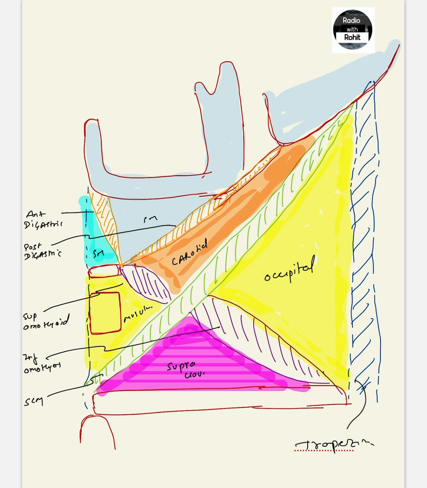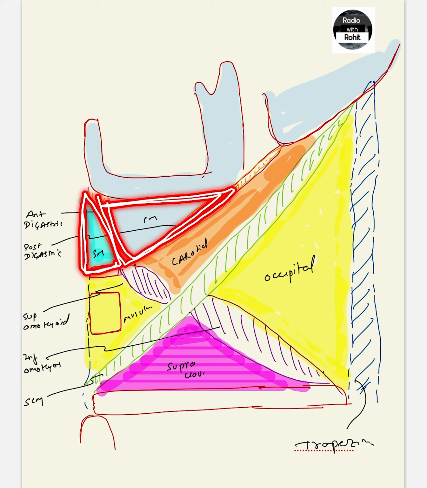So once more we will revise the triangles of the neck. The anterior imaginary line, hyoid, and anterior belly of the digastric form the submental triangle. The anterior belly of the digastric, posterior belly of the digastric, and the ramus of the mandible form the submandibular triangle. The imaginary line, inferior part of the sternocleidomastoid, and superior belly of the omohyoid form the muscular triangle.